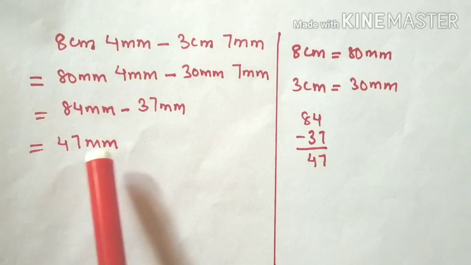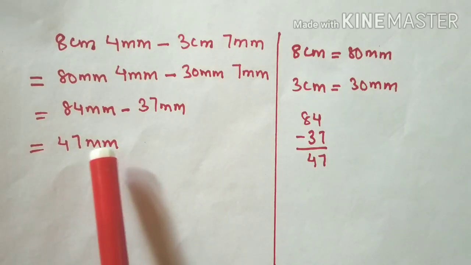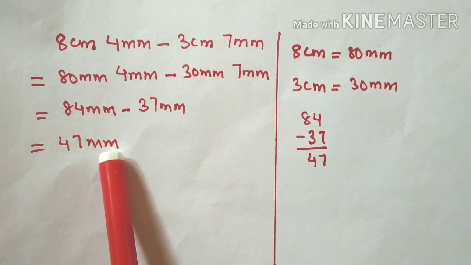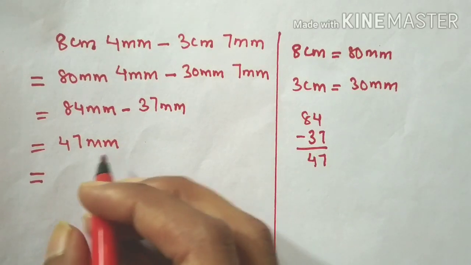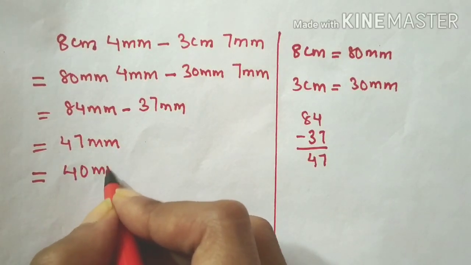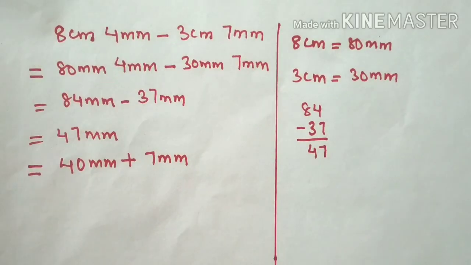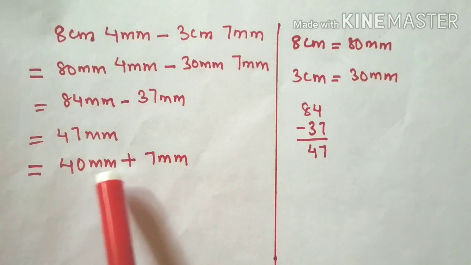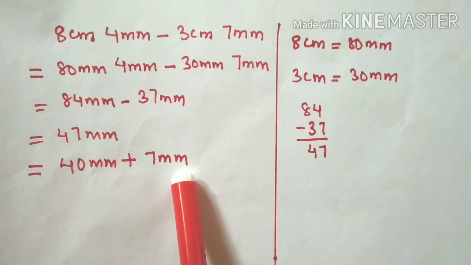Now since 47 millimeters is more than 10 millimeters, we can express it as centimeters. So in order to express 47 millimeters as centimeters, we can write 47 millimeters as 40 millimeters plus 7 millimeters. So since 40 millimeters is more than 10 millimeters, it can be expressed as centimeters, but 7 millimeters is less than 10 millimeters, so it will remain the same.